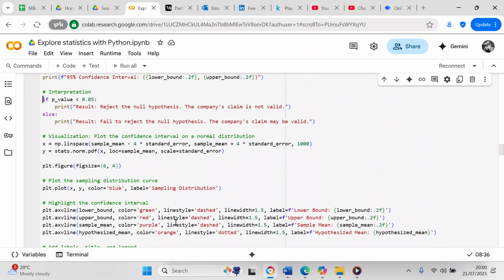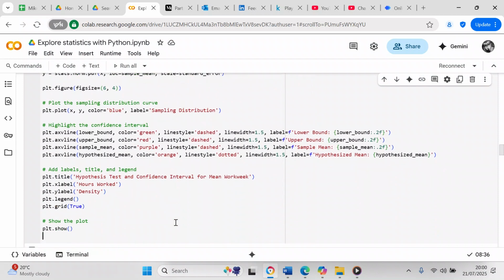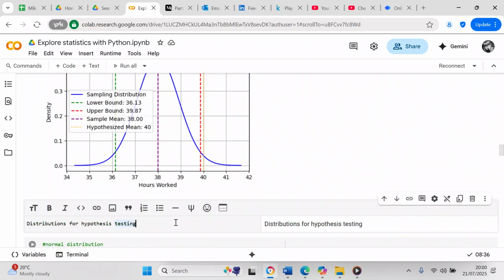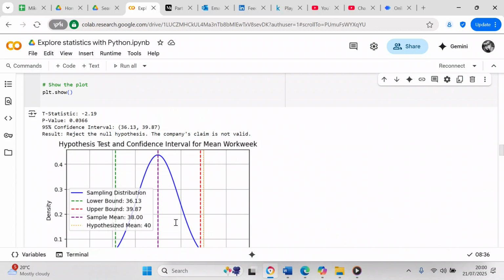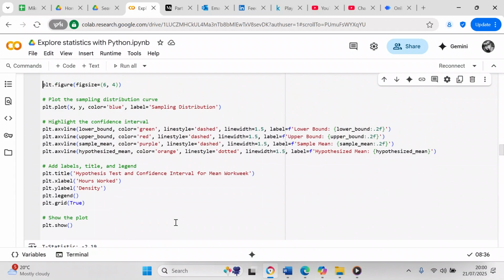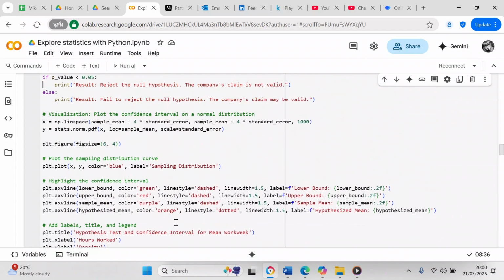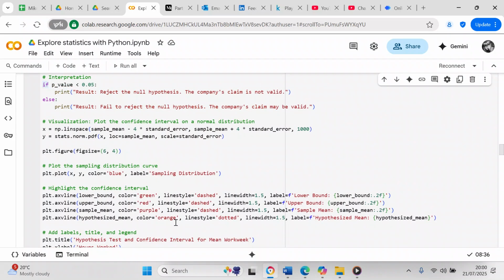The company's claim is not valid. Let's see what we see. And that's what it says here. That was the result that it gave. So it rejects the null hypothesis, but I knew that it rejected the null hypothesis even before it went through the if-else statement, because the p-value was less than 0.05.